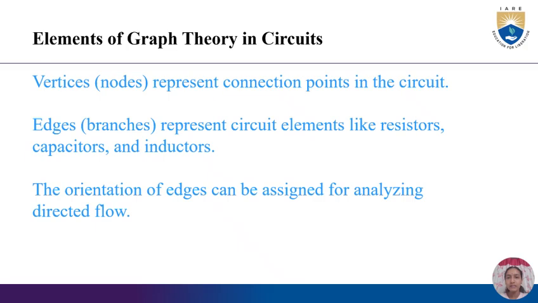R means resistors, C means capacitors, I means inductors. Edges represent these three circuit elements. The orientation of edges can be assigned for analyzing directed flow.